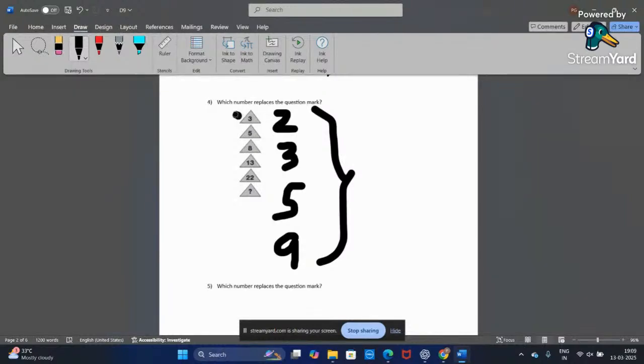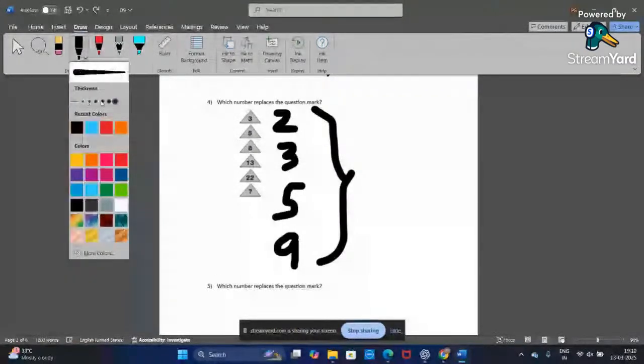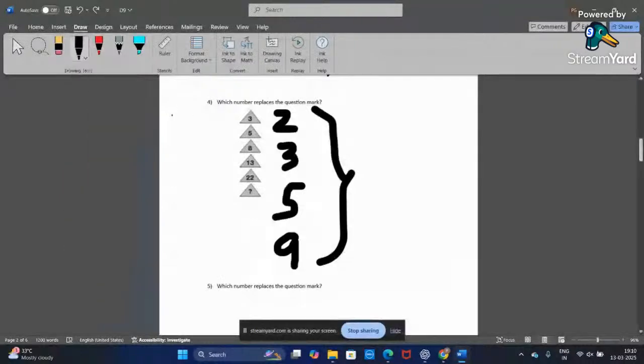See, 3, we have to double it once. So it is 6, and subtracted with 1, we got 5.